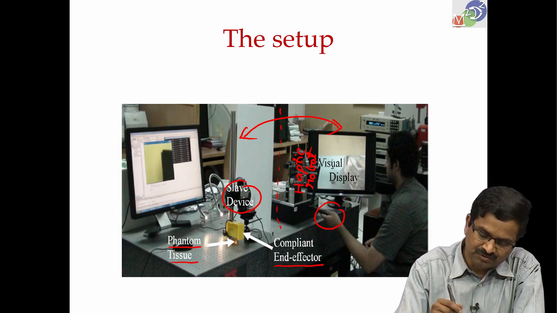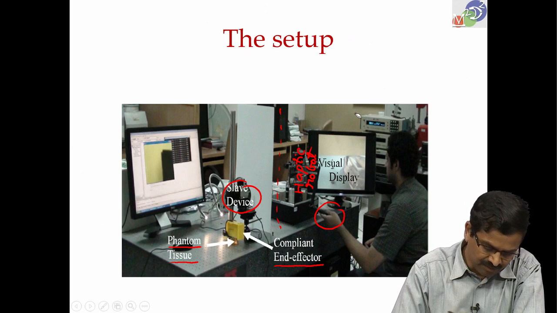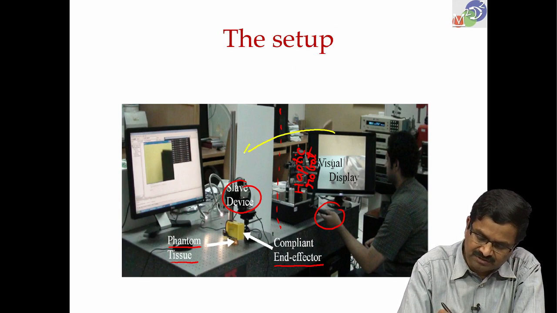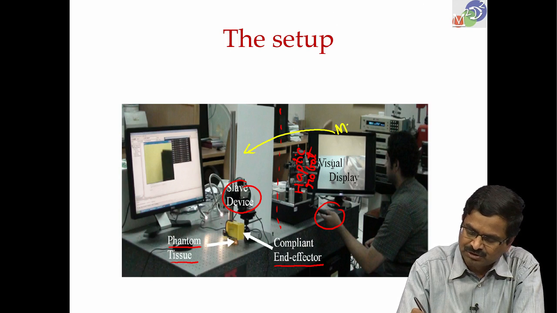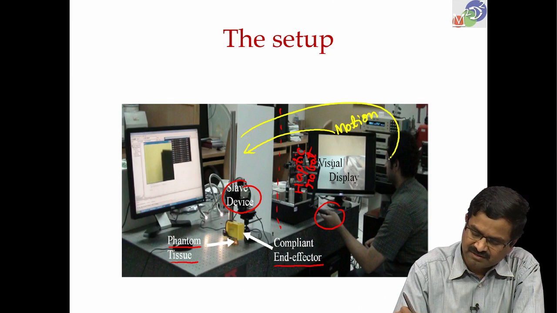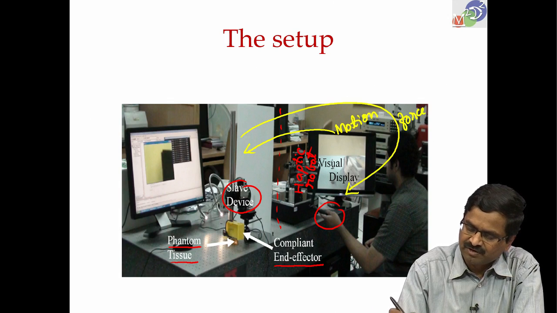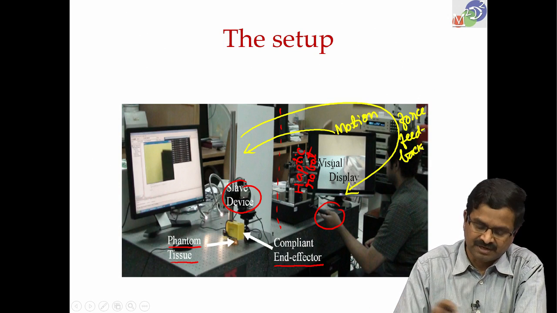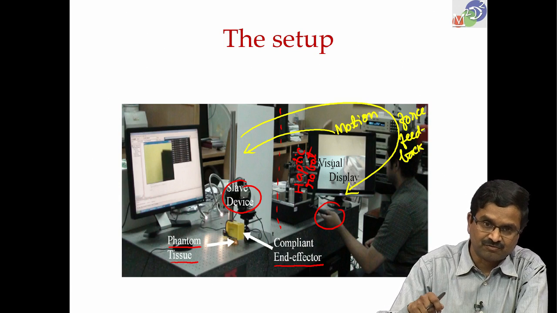So, what goes from here to here is the position information. The motion of the hand is related to the slave device, and then from this to the user comes the force feedback. So, it is a closed loop system, teleoperation, and you can cut something while sensing the force.